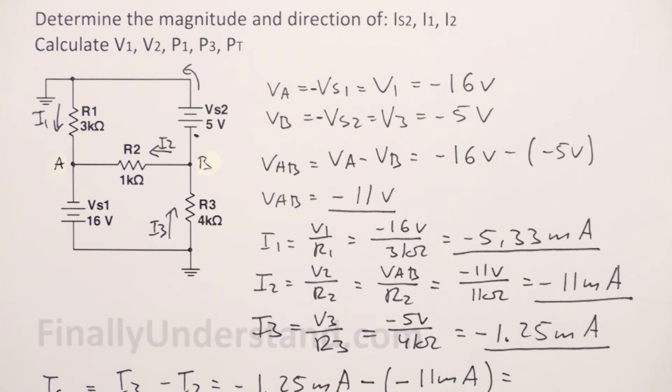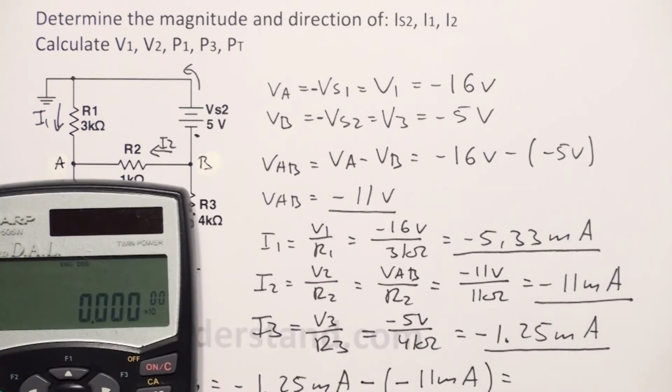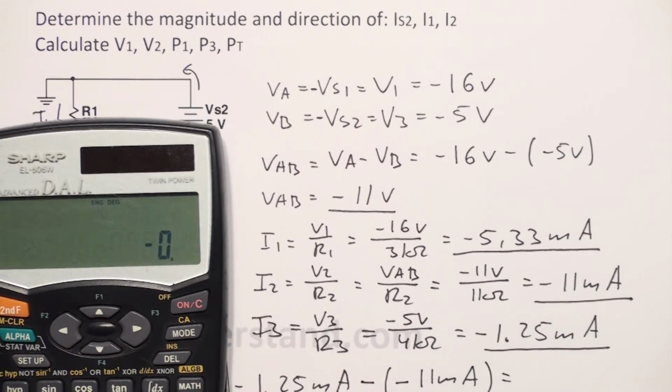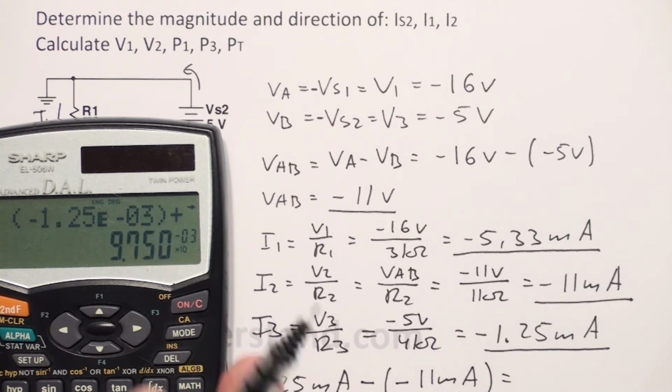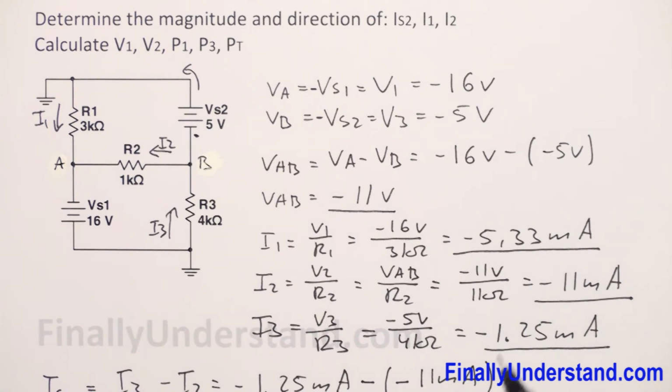This is going to be equal to negative 1.25 times 10 to the negative 3. Negative and negative gives me positive, plus 11 times 10 to the negative 3. This is equal to 9.75 milliamps.